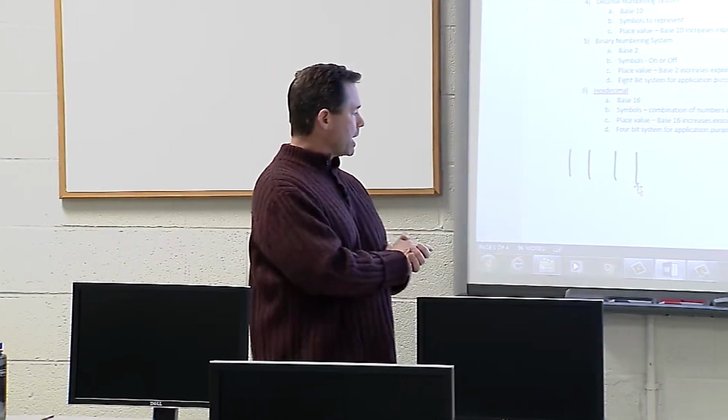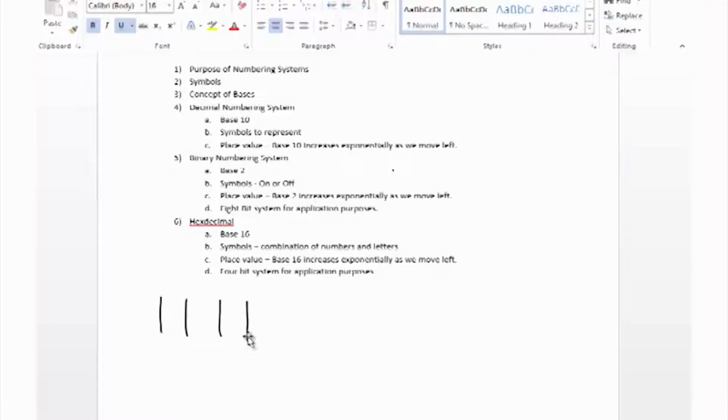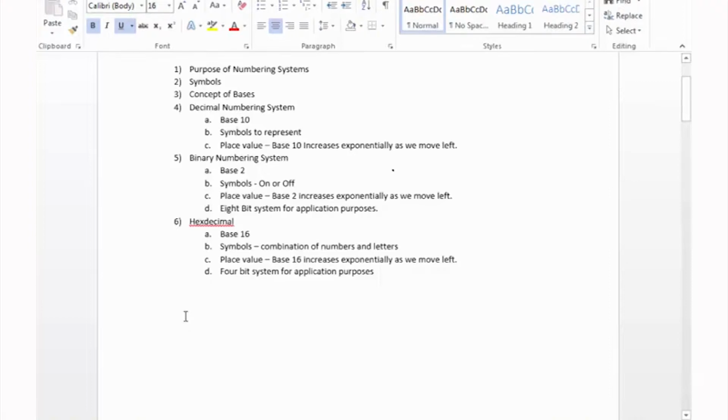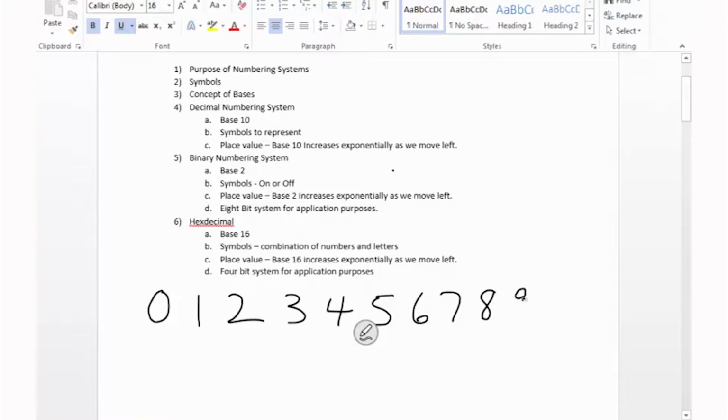So somewhere along the way, we developed symbols. And those symbols in our decimal system are things like 0, 1, 2, 3, 4, and we're going to go all the way up to 9: 5, 6, 7, 8, and 9.